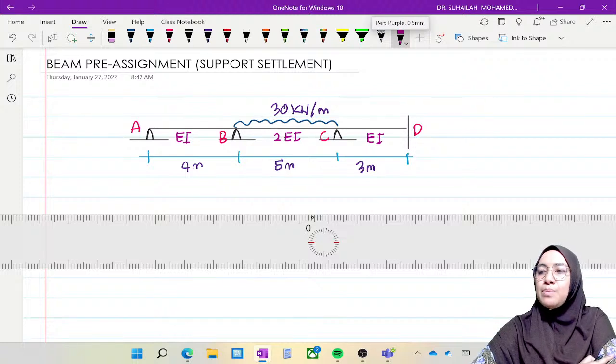Member AB has no load. We have member BC with UDL of magnitude 30 kN per meter along the member, and we have CD with EI, and there is no loading on the member.